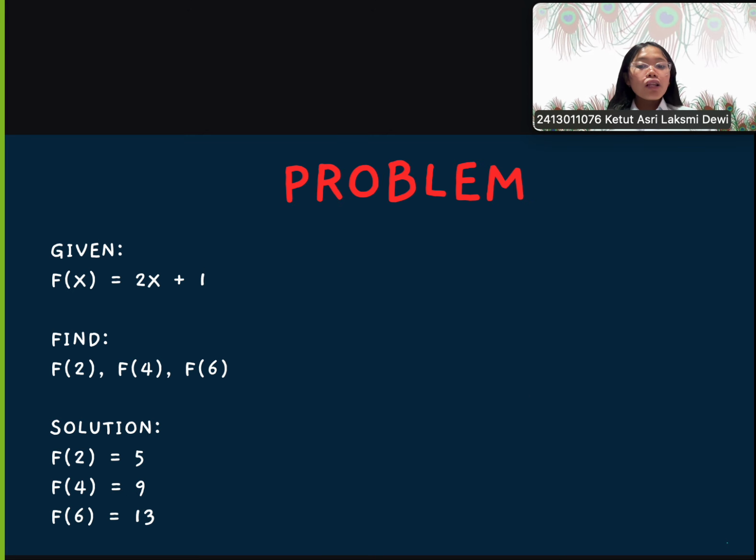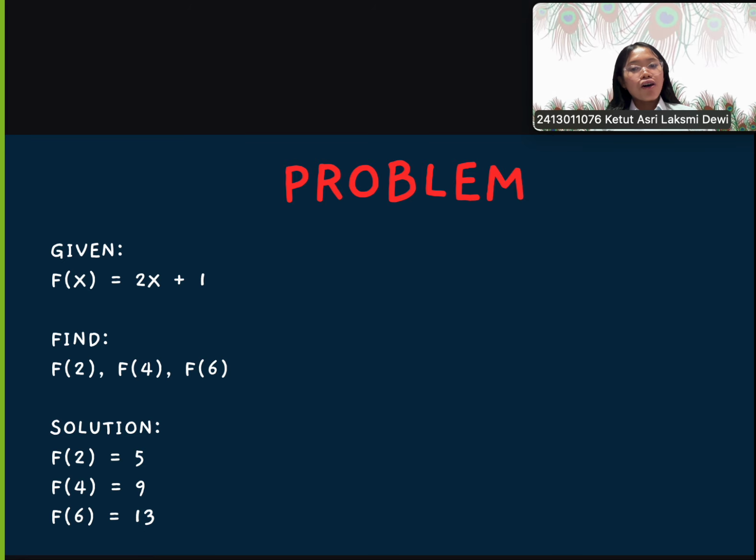Okay, now let's solve a problem about function. We are given a function f of x equals 2x plus 1. To find the value of the function, we substitute the value of x into the formula. First, f of 2 equals 2 times 2 plus 1, which is 5.